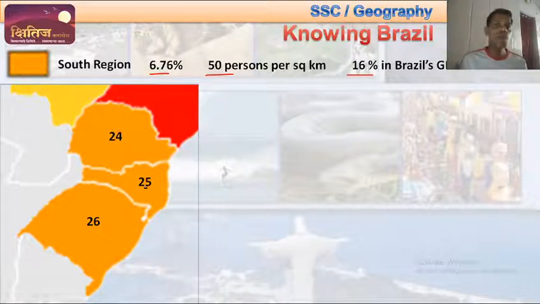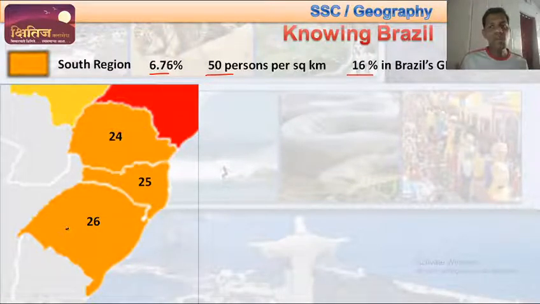Emigrants means originally they are from some other country and they have come here and settled in this part of Brazil. So most of the people here belong to Germany, Japan, Italy, Russia, Ukraine, Poland, such countries. So most of the people living here are white, we can say. They are not colored as the other people of Brazil are. The standard of living here is also very high.